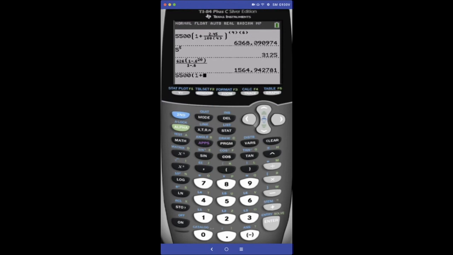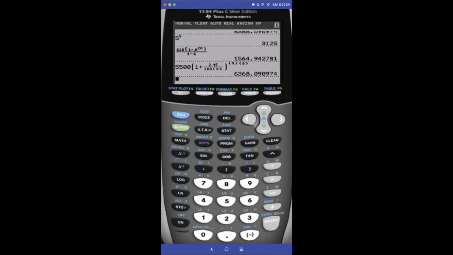For a fraction, I do alpha y equals enter, 2.45 over 100 times 4, parentheses to the power of 4 times 6, sorry, enter. So that's what you should get, 6,368.09, and 9 cents. That's important. All my money, I keep track of that.